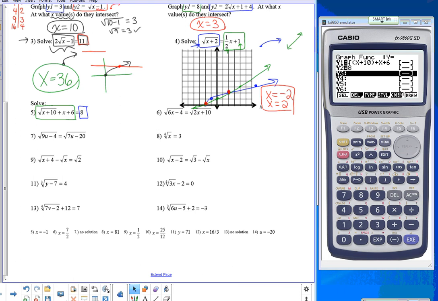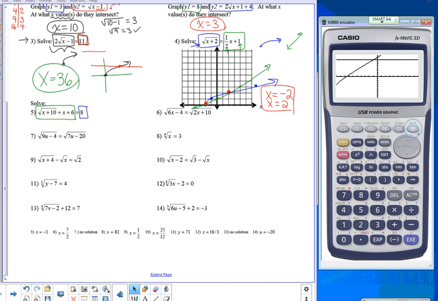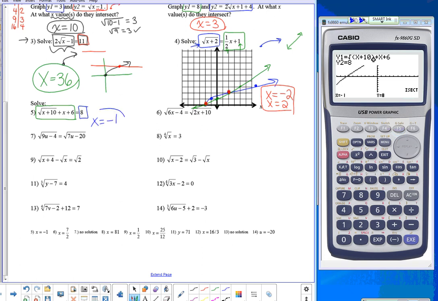Either way, I'm going to start out just by graphing exactly what we had, and when I draw it, I can see these clearly are crossing 1 time. If I do the G-solve, it tells me they're crossing at x equals -1. It doesn't look like they're going to cross anywhere else, so that looks good. If I can't tell what's going on, I may need to zoom in or out.